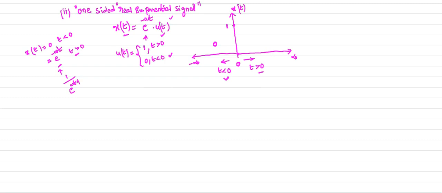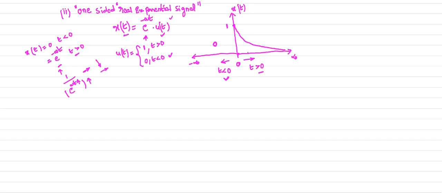If t increases, your denominator increases, so 1 by an increasing value goes on decreasing. The plot of this curve is like this. So this is the plot of e power minus at into u of t, which is nothing but the one-sided real exponential signal.